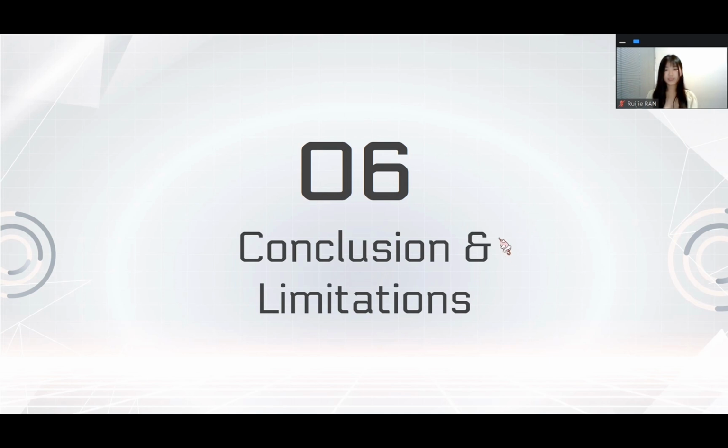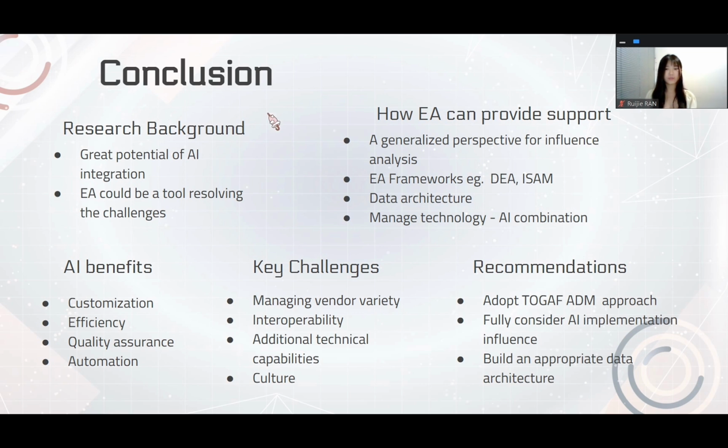Finally, let me briefly summarize the main points we've covered. We started by discussing the great potential of AI integration in manufacturing companies and the importance of EA as a comprehensive framework for addressing its challenges.